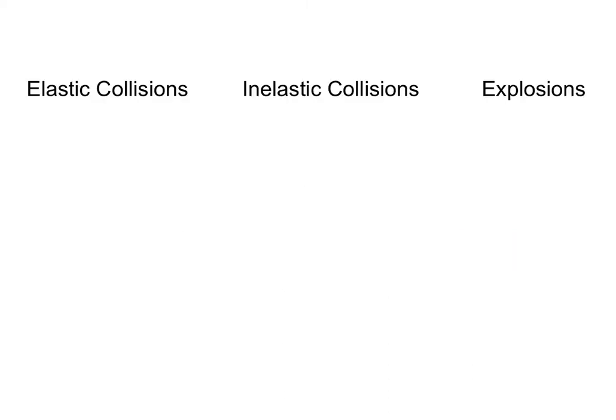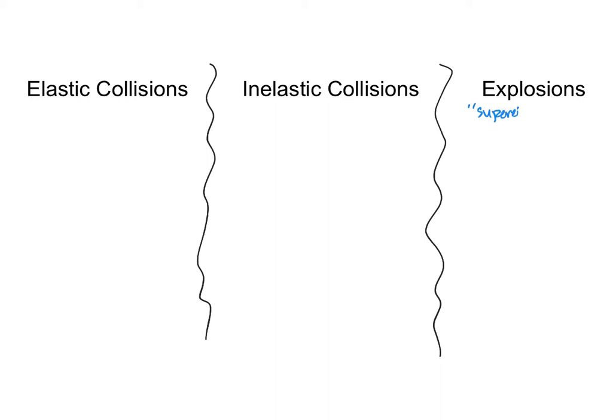We have three main types of collisions. And we categorize them as elastic collisions, inelastic collisions, and explosions, also called superelastic collisions. So in all three types of collisions, we are going to see that momentum is conserved.